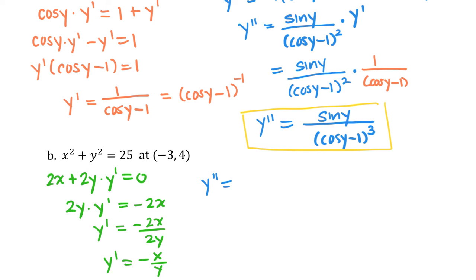Okay, let's go ahead and try to get y double prime. What do I think? I think I'm going to use the quotient rule here. Okay, quotient rule. Let's do low d high minus high d low, square the bottom. Away we go.